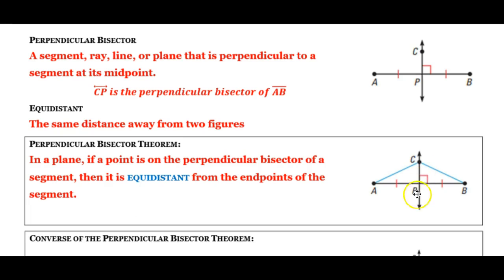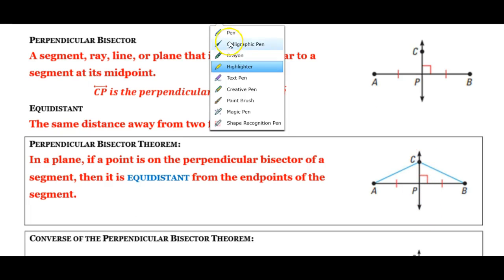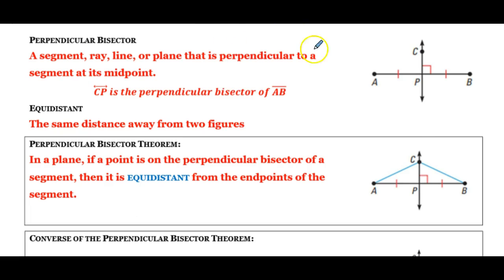So CP is the perpendicular bisector of AB. And what that means is point C is the same distance away from A as it is from B. So if CP is the perpendicular bisector of segment AB, then CA is equal to CB.